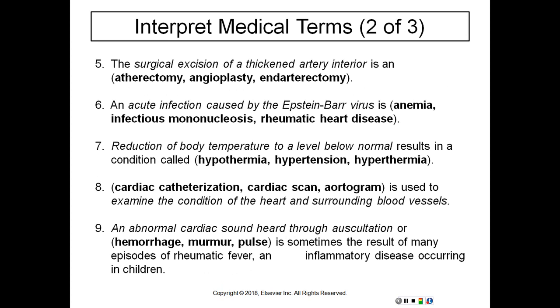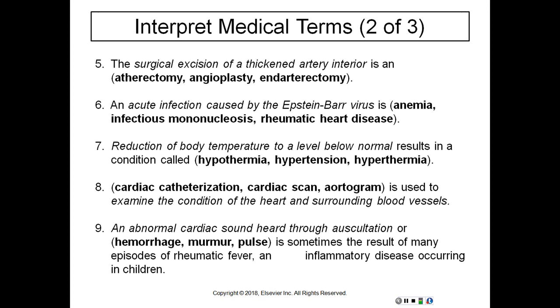The surgical excision of a thickened artery interior is what? So first of all, if we look at our suffixes, ectomy means excision, so our only options are the first one and the last one, and then thickened artery interior is going to be the last option for endarterectomy.